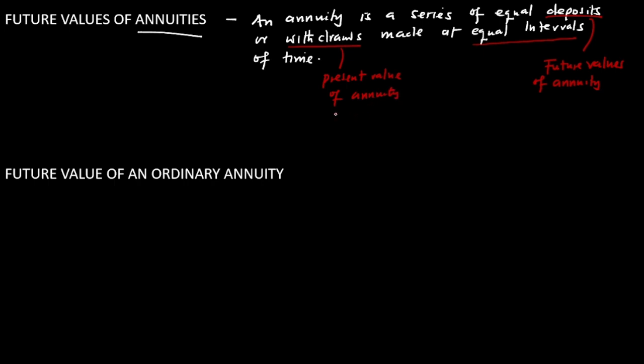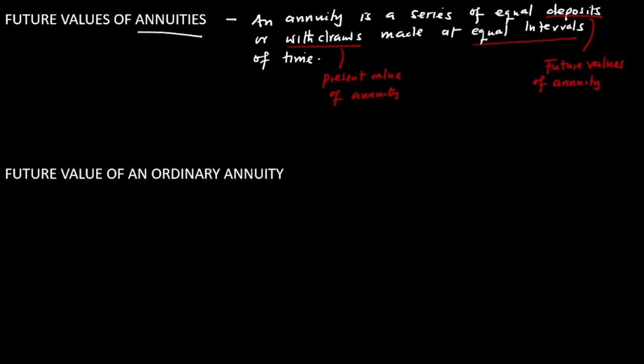So whenever there is a withdrawal, just know that this is dealing with the present value annuity. And whenever there is a deposit, this is dealing with the future value annuity.